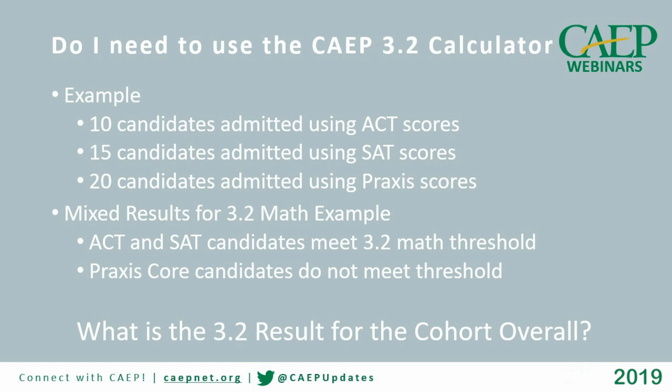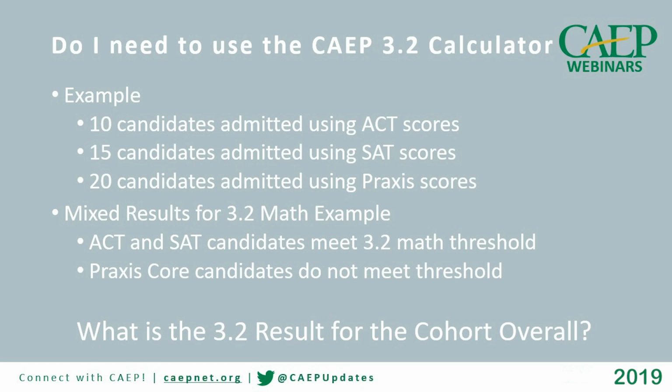Here's an example following up on the case I mentioned earlier. You may have different subsets of a cohort taking different tests. Here you have 10 candidates taking ACT, 15 taking SAT, and 20 having Praxis Core scores. And it may turn out that when you take the average for the ACTs, they meet the 3.2 math threshold for ACT.